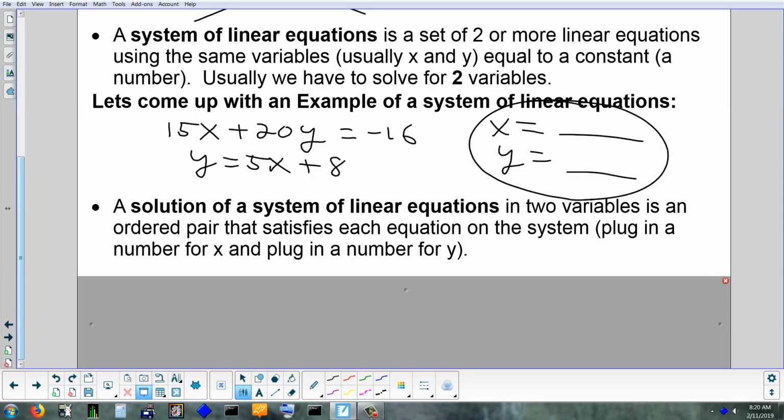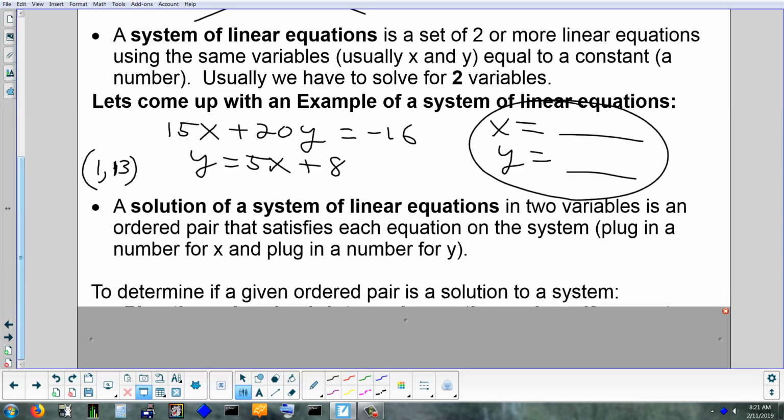Okay, let me make one up. There's a coordinate I just made up, 1, 13. So if we wanted to see, is this the answer? Is this the correct X and Y value that solves this problem? This is how you do it.